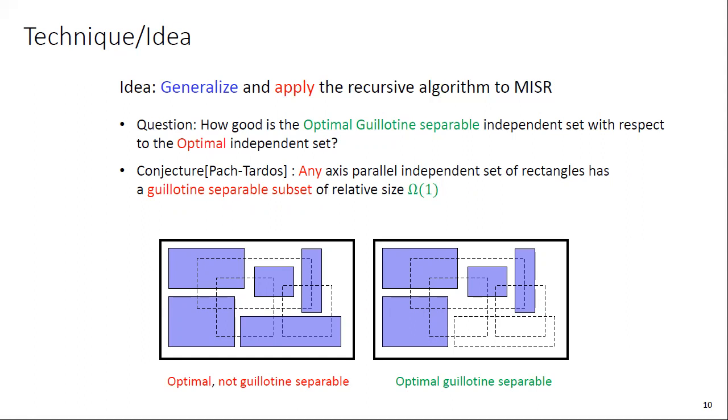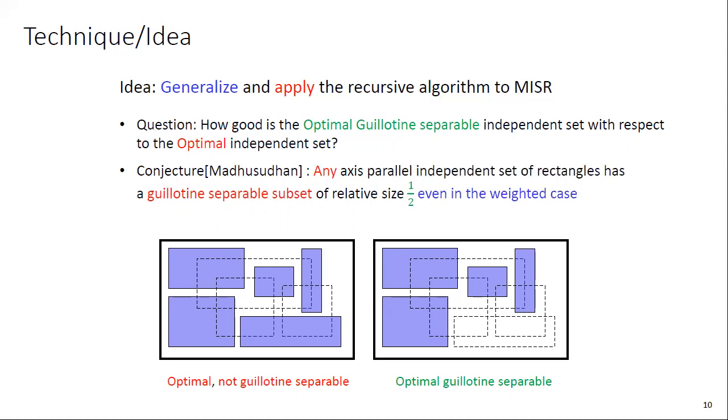So we don't have an approximation, yes? Sorry? If it's true, we have an approximation, correct? If this stronger conjecture is true, that gives a 2-approximation. And I think it would give a constant approximation even in the weighted case, because the conjecture is also about working with weights.